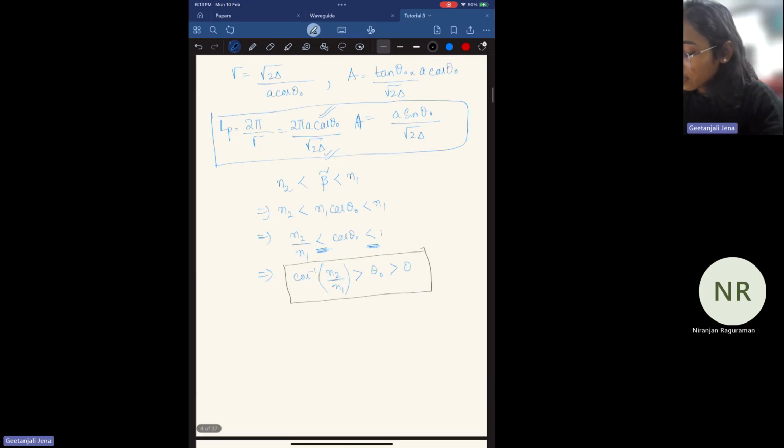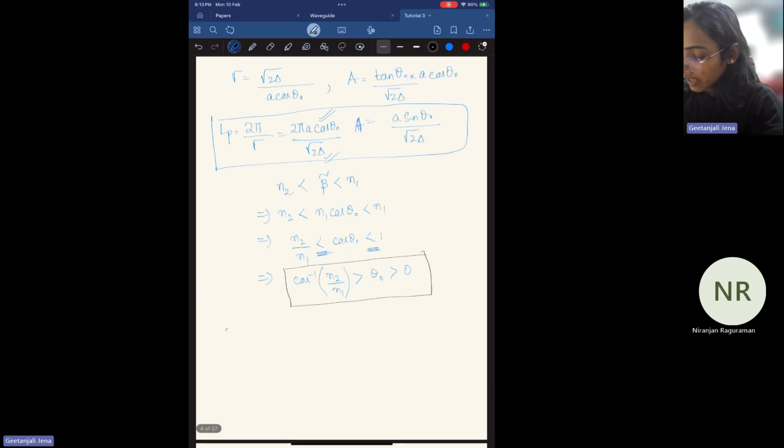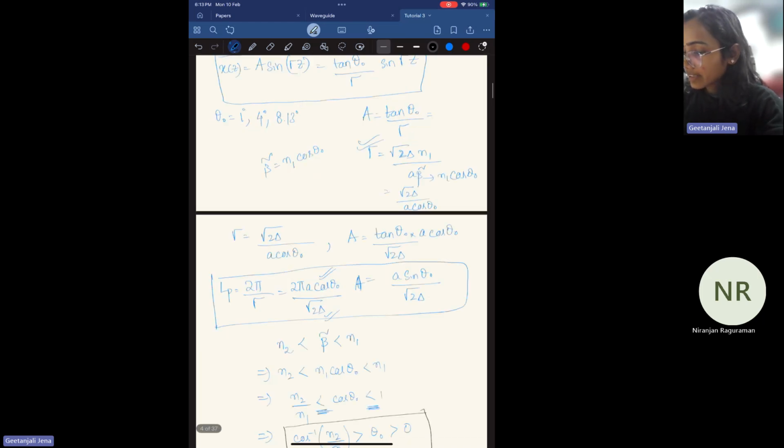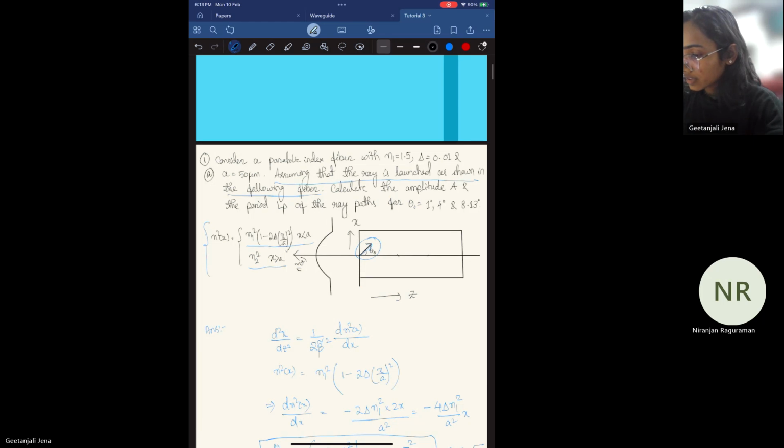So let us see what n1 and n2 are. n1 is already given in the question, n1 is 1.5. And n2 is not given, but you can calculate it from the relation n2 is n1 times (1 minus 2 delta) to the power half. N1 is 1.5 and delta is 0.01, it is given.